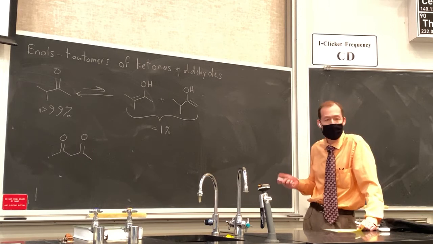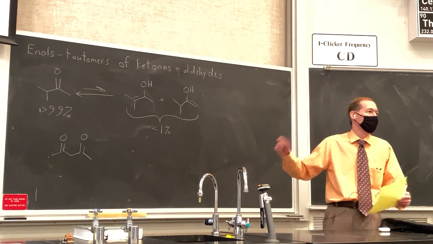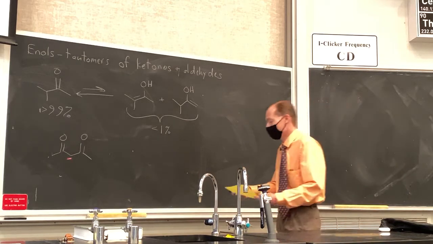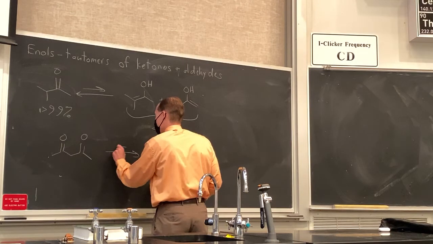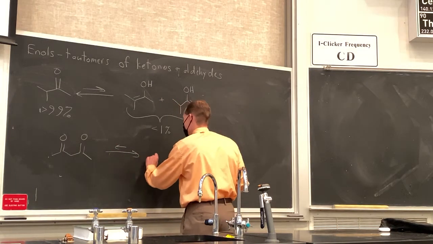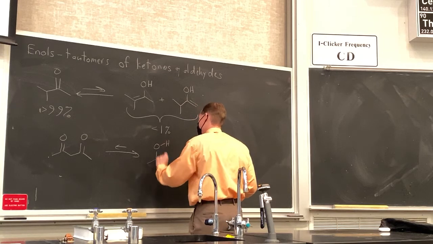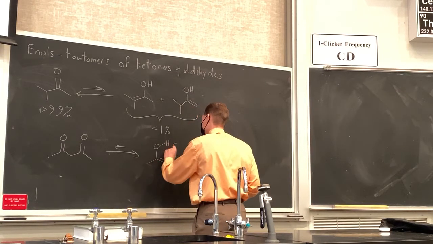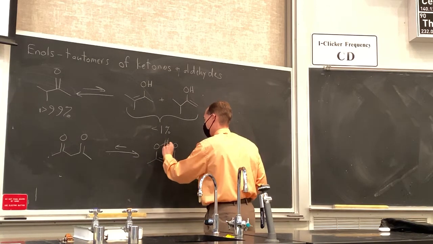Having a second carbonyl at the beta carbon would make this a beta diketone or a beta dicarbonyl compound. The enol of a 1,3-diketone is actually more stable than the ketone form.